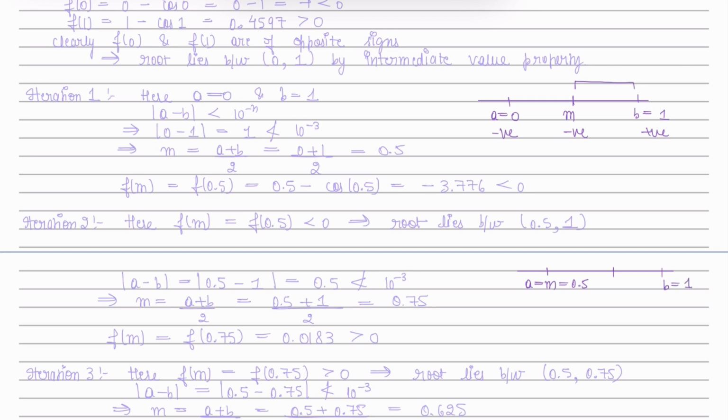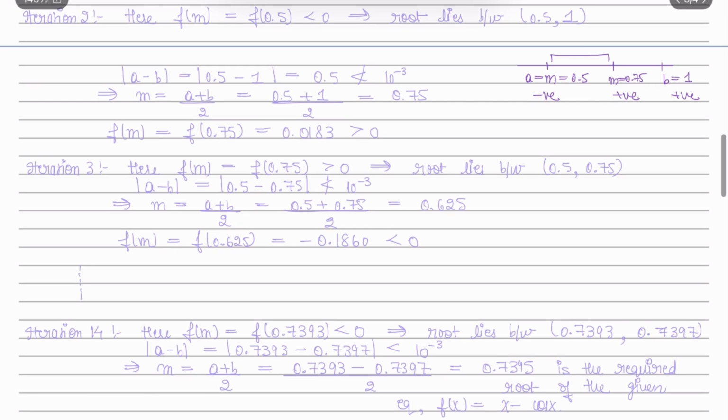We will find the midpoint here again. Notice that here the value of f of x at a is negative and positive at the point b, and when we have found the updated value of m, which is 0.75, the function here is positive. Now by the intermediate value property, the root will now lie between this interval.